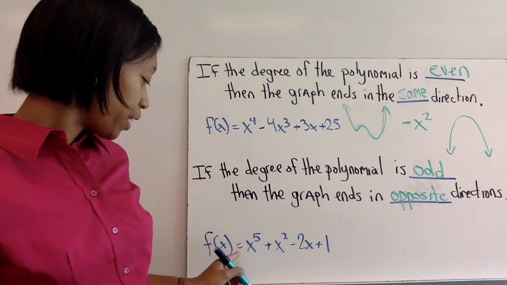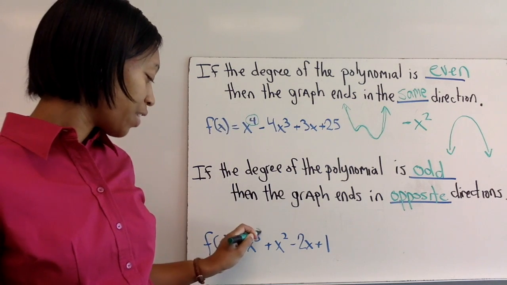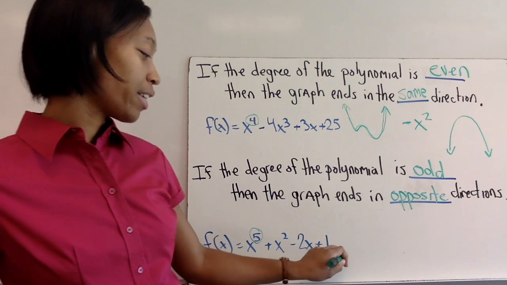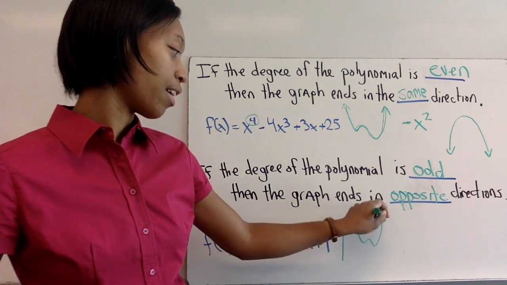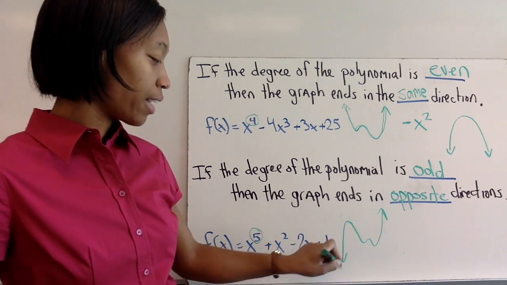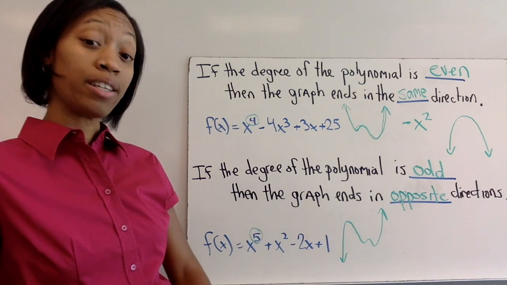So for example, here I see that this leading degree was 4. Here I can see the leading degree is 5. 5 is an odd number. So when I sketch this one, 1, 2, 3, 4, 5, it might look something like this. I can see that one arrow is pointing down and the other arrow is pointing up.